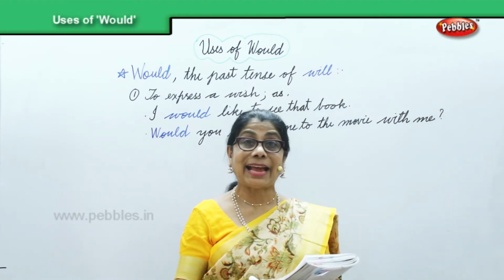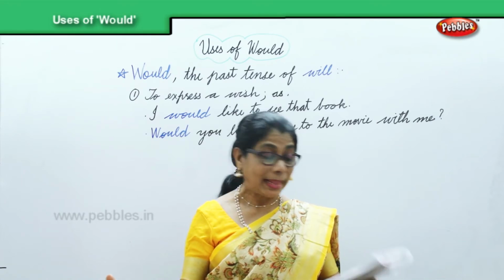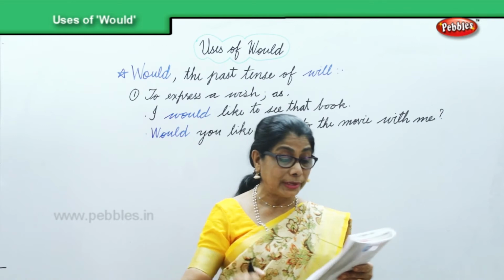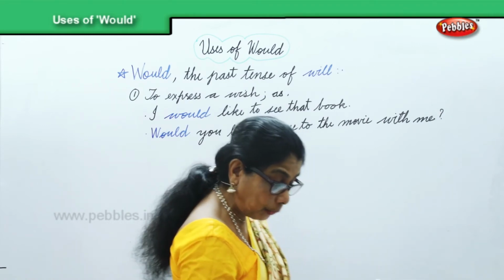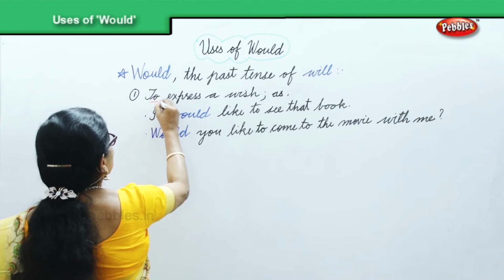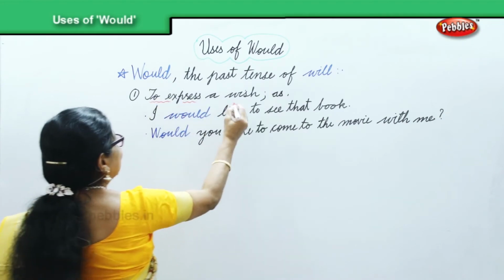So that's the first type, to express your wish. And the second one is to indicate refusal. The first one, what did we see? The first we saw, would is used to express a wish.